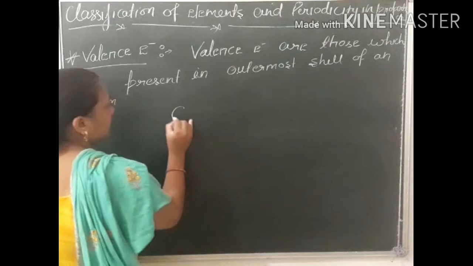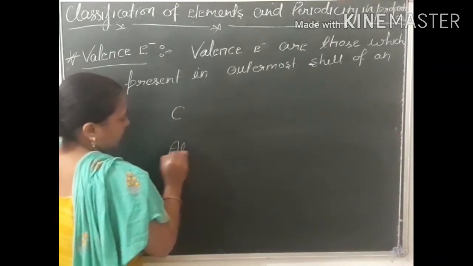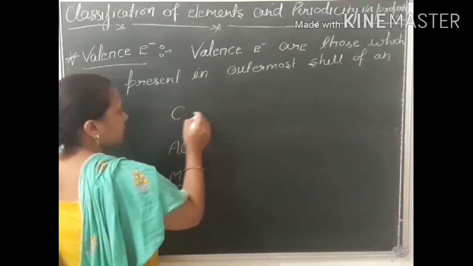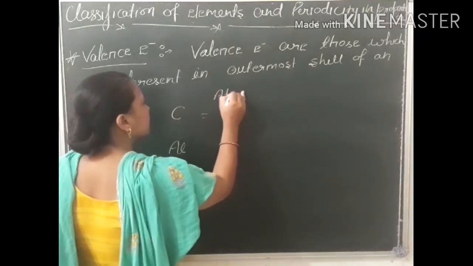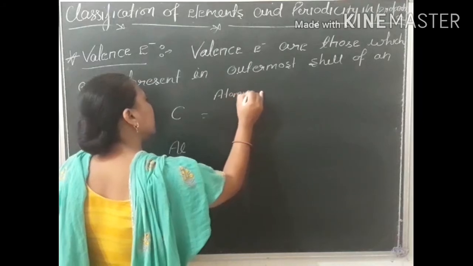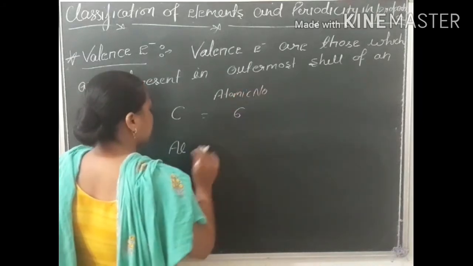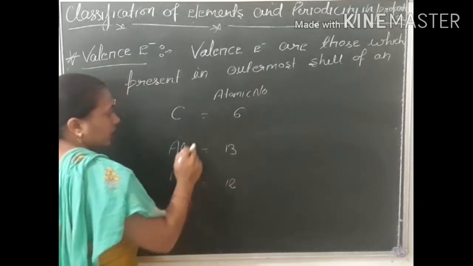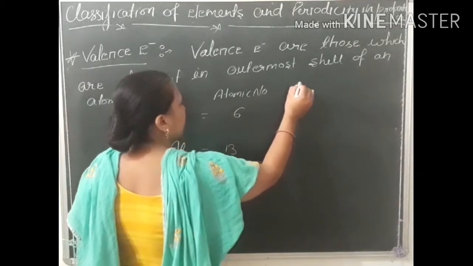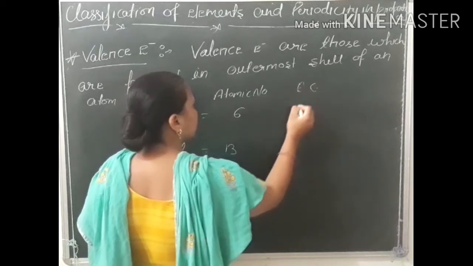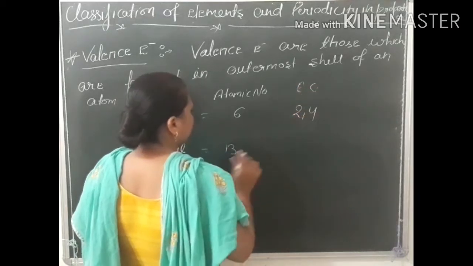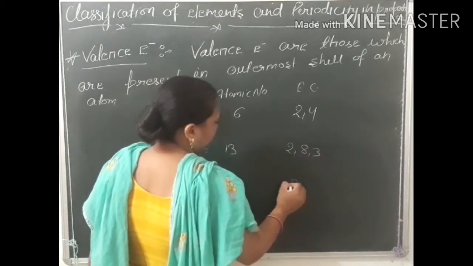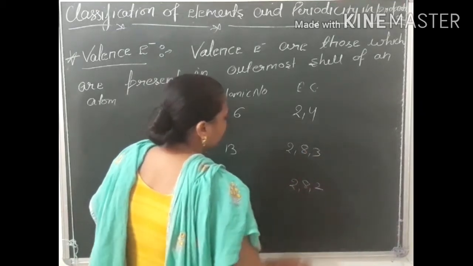Here is carbon, aluminium and magnesium. Carbon's atomic number is 6, aluminium is 13 and magnesium is 12. Now 6 has electronic configuration 2 and 4, here is 2, 8 and 3, and here is 2, 8 and 2.